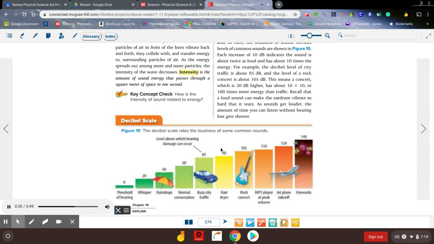This means a concert, which is 20 decibels higher, has about 10 times 10, or 100 times, more energy than traffic. Recall that a loud sound can make the eardrum vibrate so hard that it tears. As sounds get louder, the amount of time you can listen without hearing loss gets shorter.